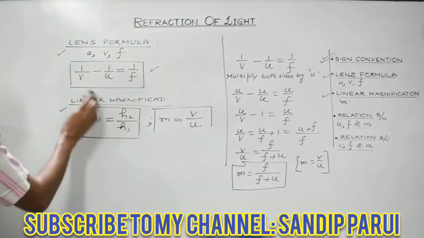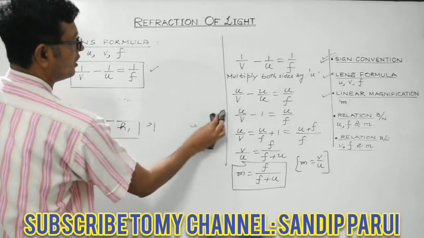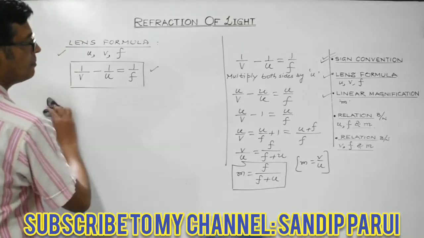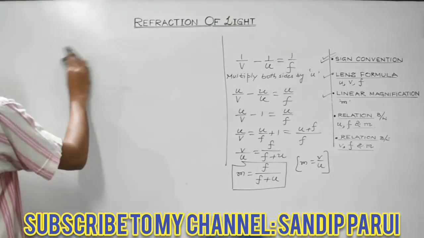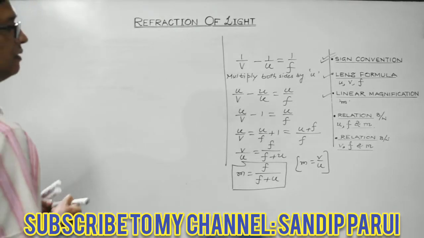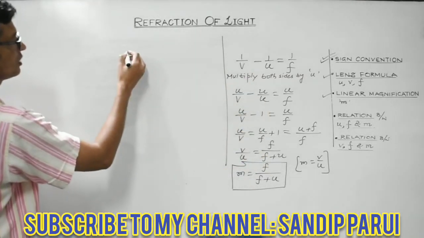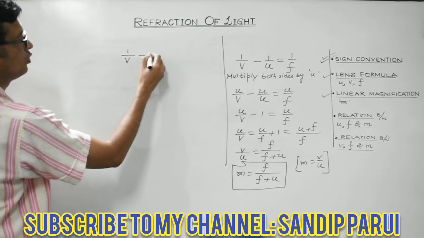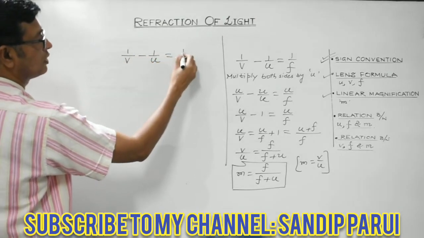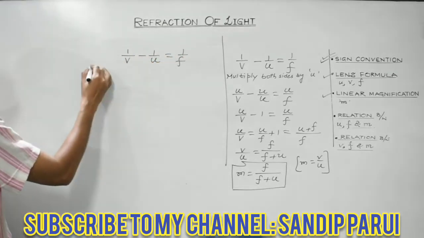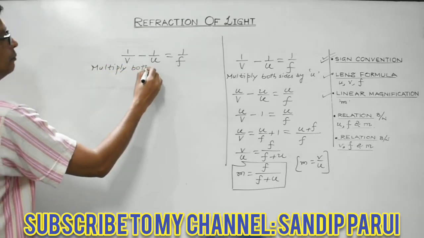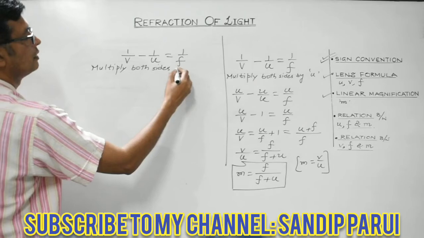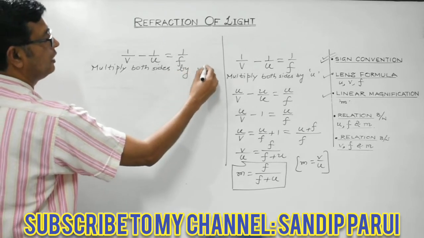Similarly, students, we can also obtain the relationship between m, v and f. So let's try that one as well. So again, let's continue with the same steps. From lens equation, we know that 1 by v minus 1 by u is equal to 1 by f. So in this case, multiply both sides by v.